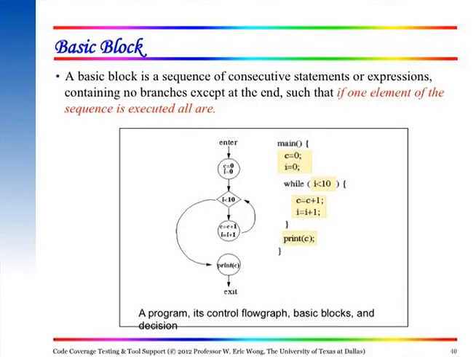So that's why it's a separation. And why is I less than 10 separated from the loop body? Because the condition may be evaluated false in the beginning, and it will exit the loop without even going through the body. Okay, so that's the basic block concept.